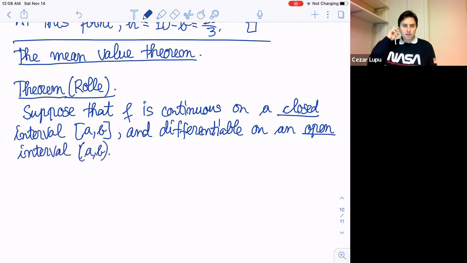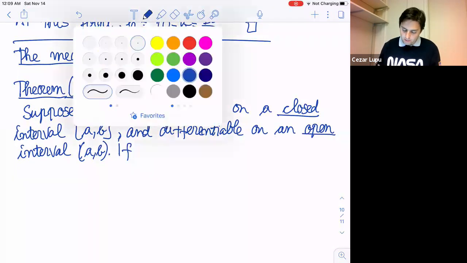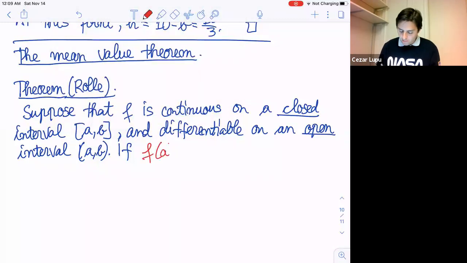Anyway, this is redundant because if I have a differentiable function, then it's continuous. We have seen that. All right. If we have this extra condition, if f of a is the same as f of b, this is a very important condition.